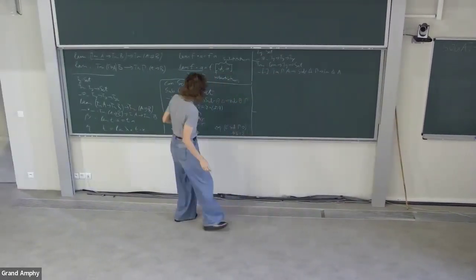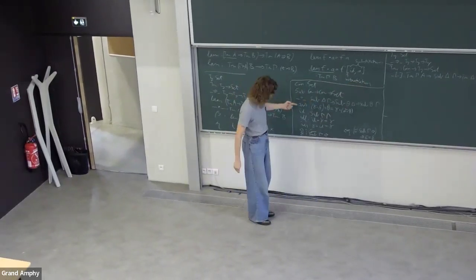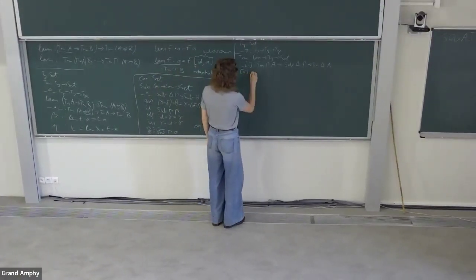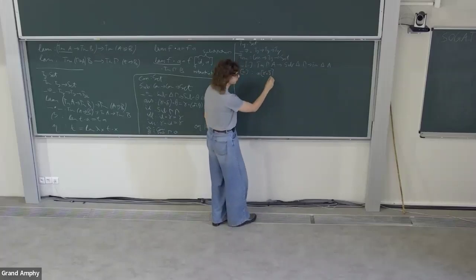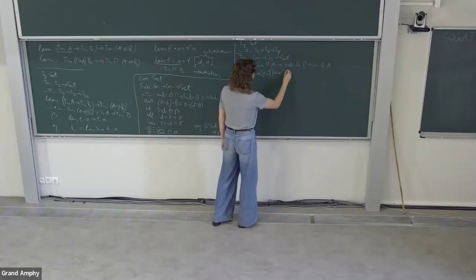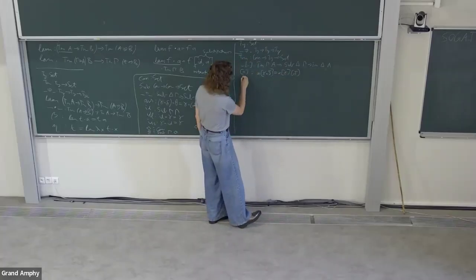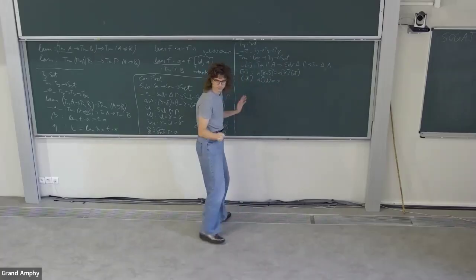And this composition is compatible with the composition of substitutions and with the identity. So I have two equations saying that if I have some small a, which is a term, and I substitute it with the composite substitution, then it's the same as doing first the one substitution and then the other. And I also have the law that if I substitute with identity, then it should be the identity.